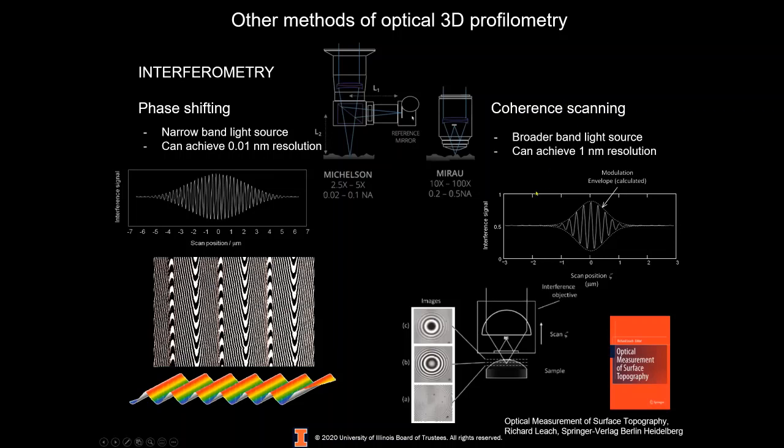These techniques provide excellent vertical resolution, reaching sub-angstrom accuracy in the case of PSI, for samples with smooth surfaces. They present problems measuring rougher samples, and samples with optically dissimilar materials, with too different an index of refraction, can also be problematic for interference methods.